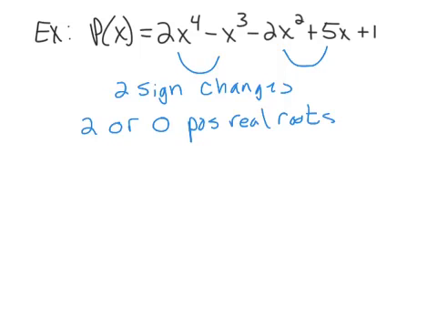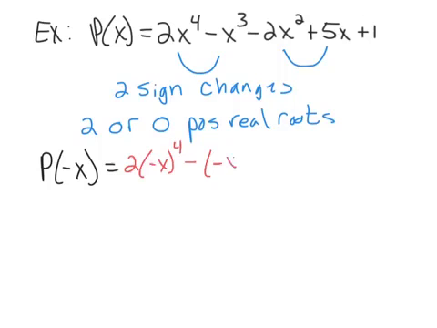So now we do the same thing for the negative roots, but first I have to evaluate p of negative x. So think of your end behavior and what happens when I raise a negative value to an even exponent and to an odd exponent, because what I'm basically doing is replacing x with negative x. So I put the entire negative x in the parentheses and I raise it to an exponent.